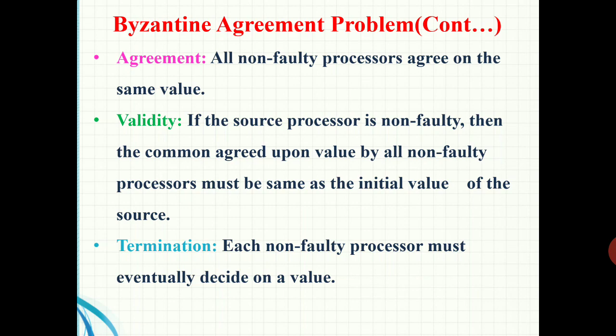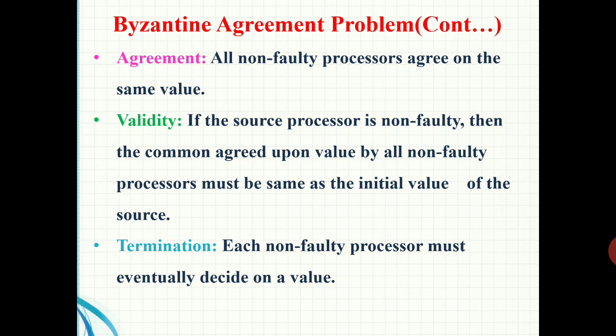So the solution must meet all three objectives. The first is agreement. Our goal is for all non-faulty processes to agree; the system may contain some faulty processors and non-faulty processors, but we are considering only the non-faulty processes in agreement. All non-faulty processors agree on the same value.